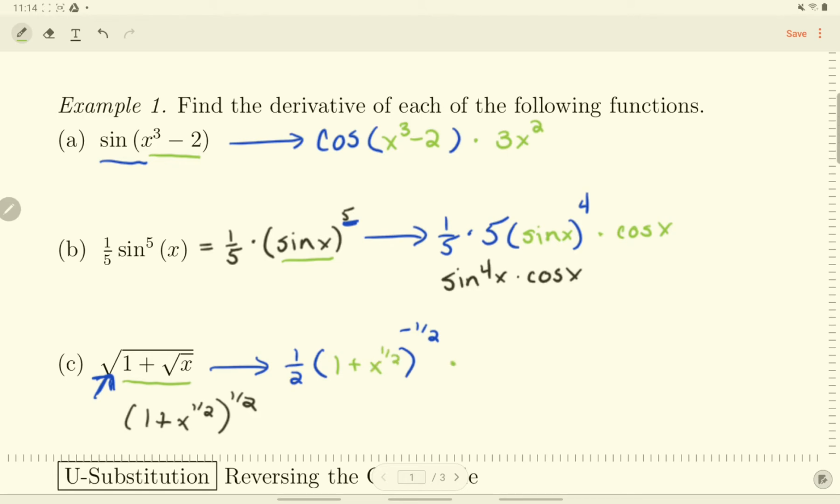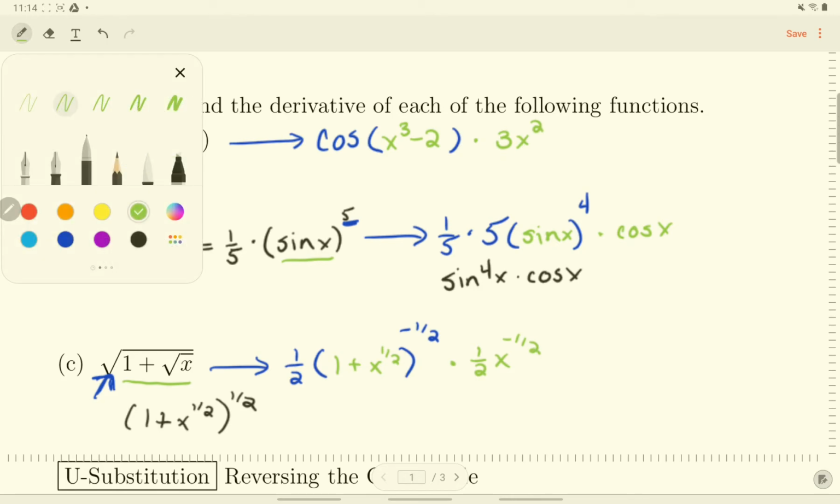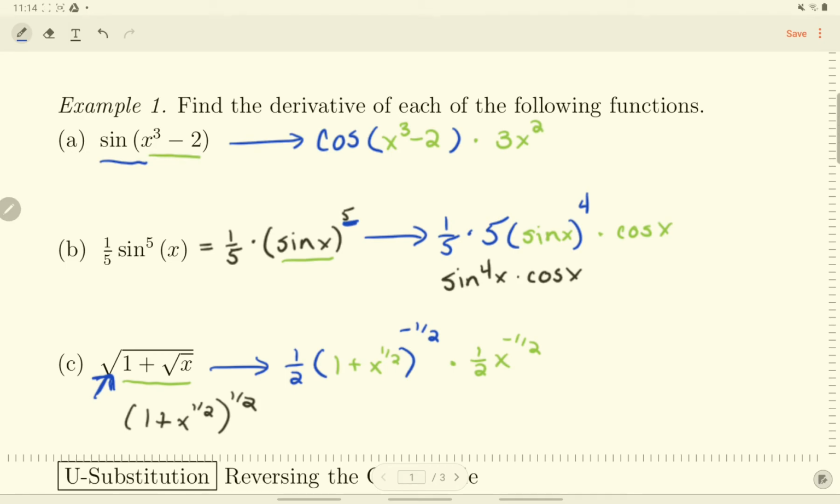Now, derivative of the inside is 1/2 x to the negative 1/2. We can clean this up and write this a lot nicer. So it takes a little bit of algebra, but it's not too terrible to get that this is 1/4 square root x times the square root 1 plus square root x.